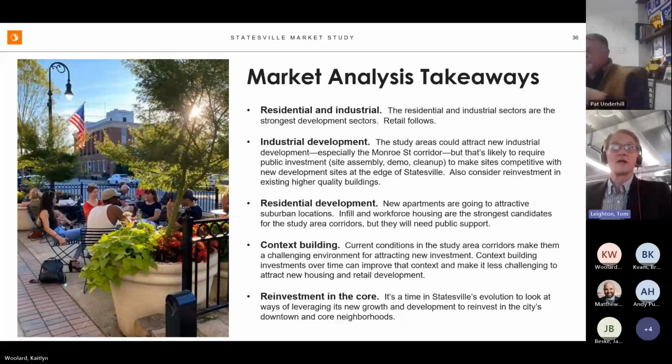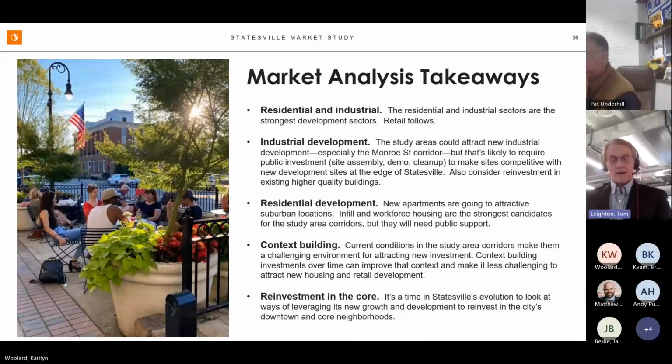More workforce housing that is affordable to the workforce, infill housing that's smaller formats. I think there'd be a lot of opportunities for that here. Again, those are likely to need public financial support, both in remediating the site and potentially to meet a development financing gap.